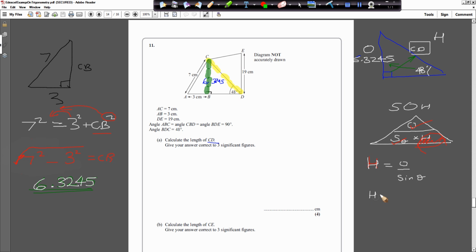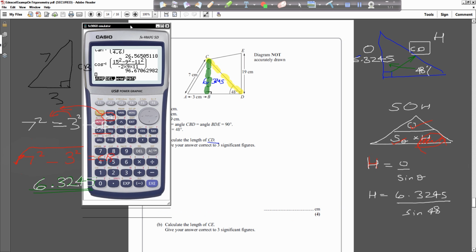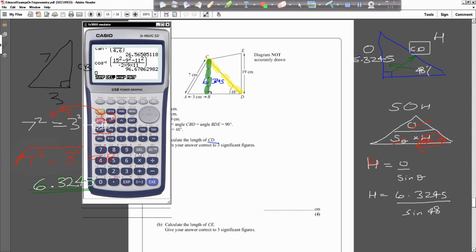H is equal to the opposite, which is our lovely value, 6.3245, divided by sine of 48. Let me grab my calculator. Right, here we go. So we type in what we see here. Shift, brackets, fraction button.